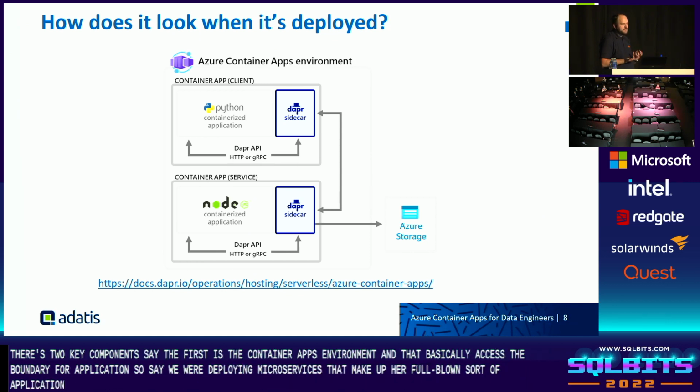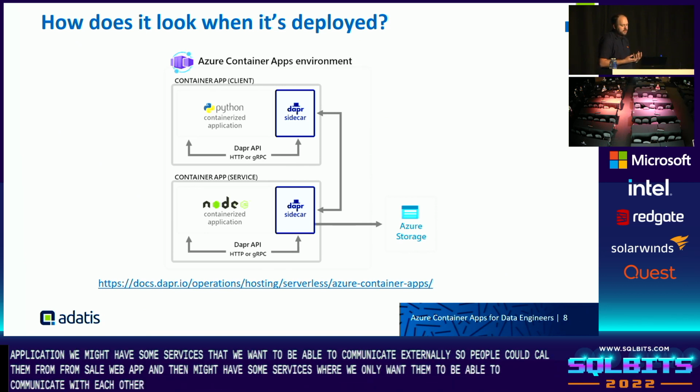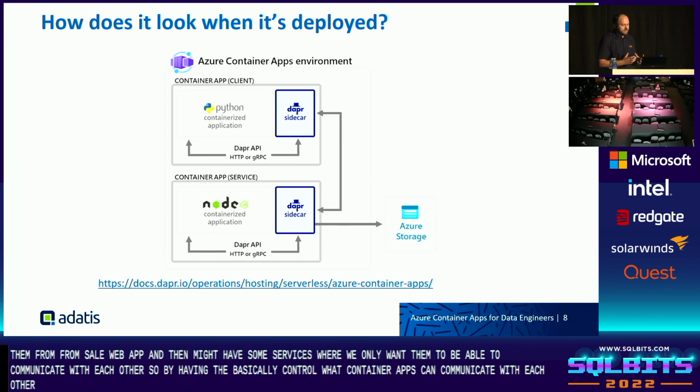We might have some services that we want to be able to communicate externally, so people could call them from, say, a web app. And then we might have some services where we only want them to be able to communicate with each other. So by having the Container Apps environment, we can control what Container Apps can communicate with each other and what apps can communicate with the outside world.